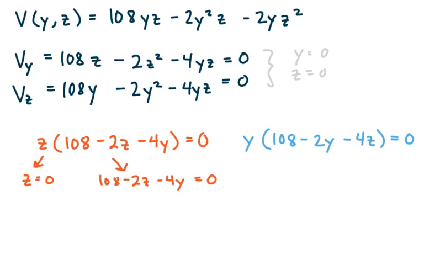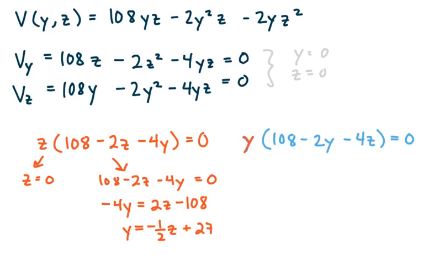But isolating y, I have negative 4y is 2z minus 108, and dividing everything by negative 4, I have y equals negative 1/2 z plus 27.